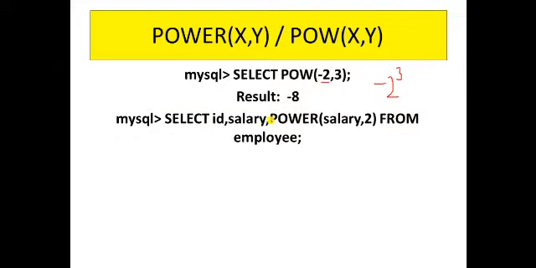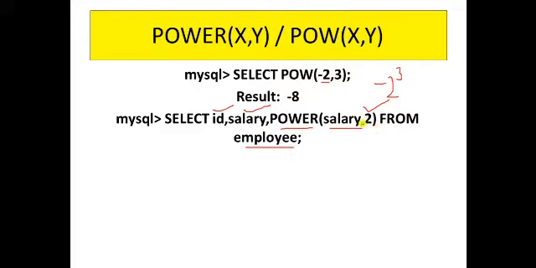As we have done other single row functions, we can refer to the table columns also. Now if we want to see salary raised to the power 2 for all the employees along with ID and salary, we'll write the query something like this. In our function, instead of writing a constant value here, we have written the name of the column.